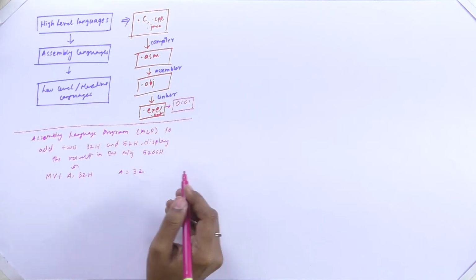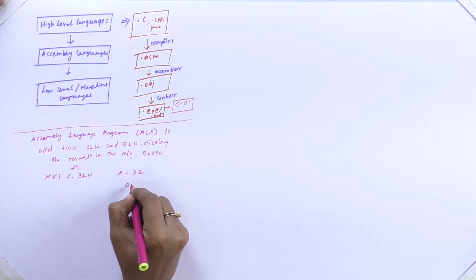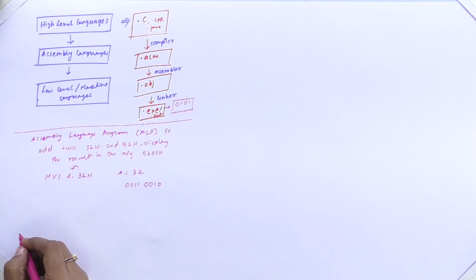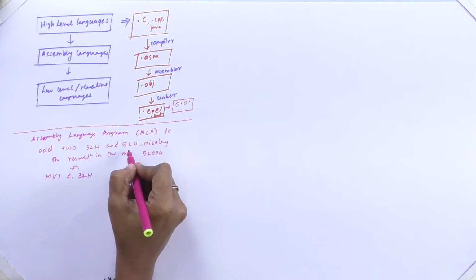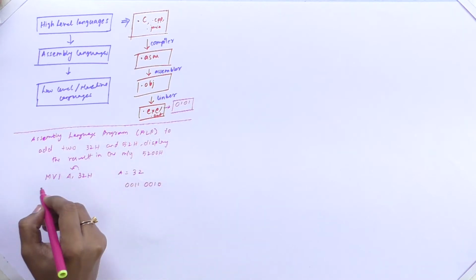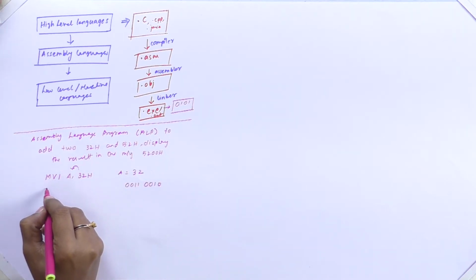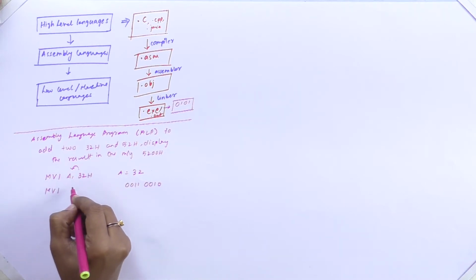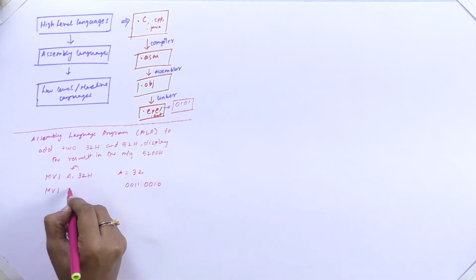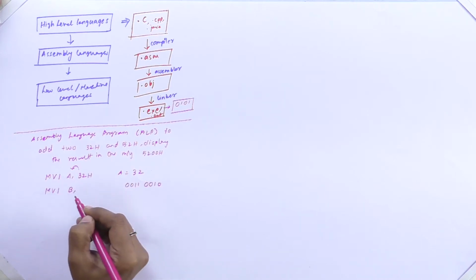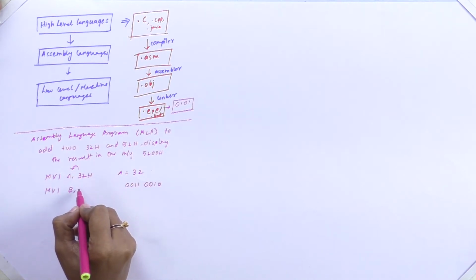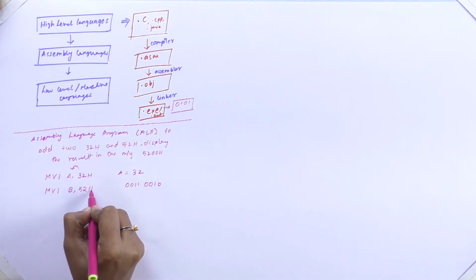It will be stored in the binary form 0011 0010. Next we have to take the second operand value 52H. For that purpose we can use the same instruction, move immediate, but we have to take the next register, B, and the value we have to copy is 52H.